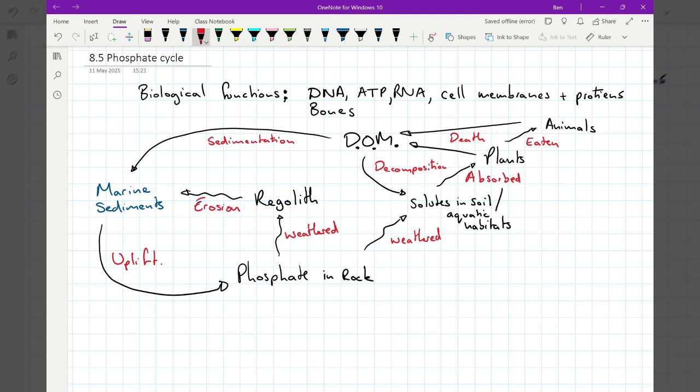Okay, so you can see that this is a much simpler natural cycle for phosphates. And one of the reasons for this is it has low solubility.